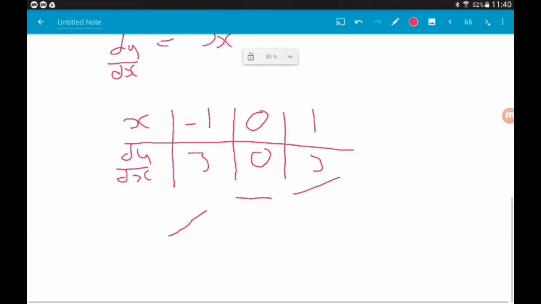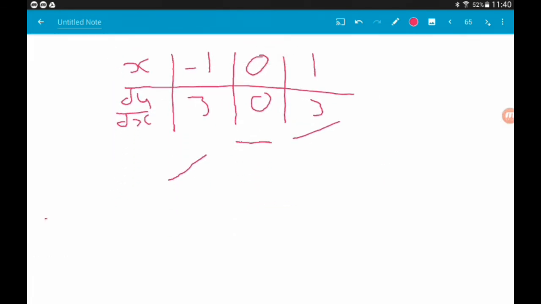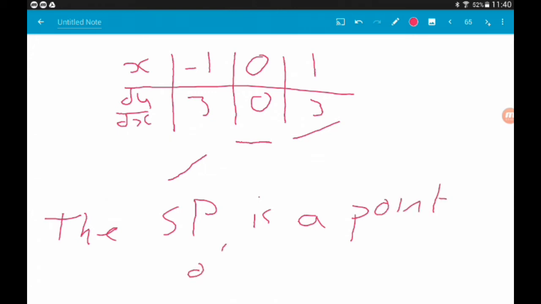So what this tells us then, the stationary point is a point of inflection because the gradient has the same sign either side of the stationary point. So it's positive to the left and positive to the right. So the stationary point is a point of inflection.